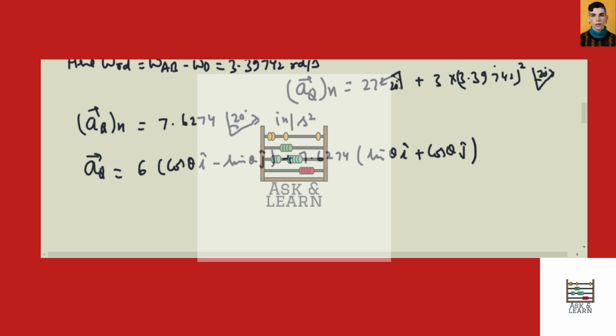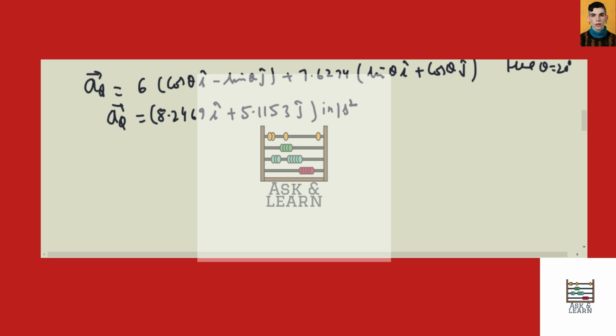Simplify it by substituting theta as 20 degree. So finally, AQ you can write 8.2469 i cap, 5.1153 j cap inch per second square.